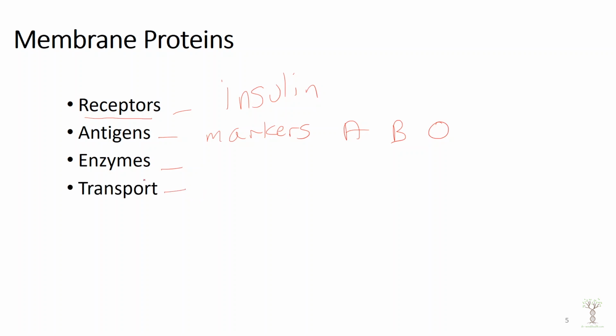Transport proteins. We're going to look at a whole video about how we move things in and out of the cell membrane, like nutrients and waste products and different substances. Adhesion. Sometimes cells need to stick together to form a tissue.